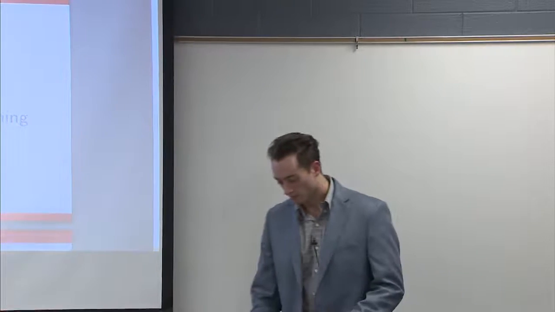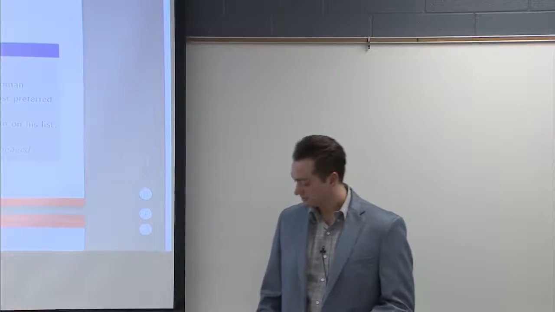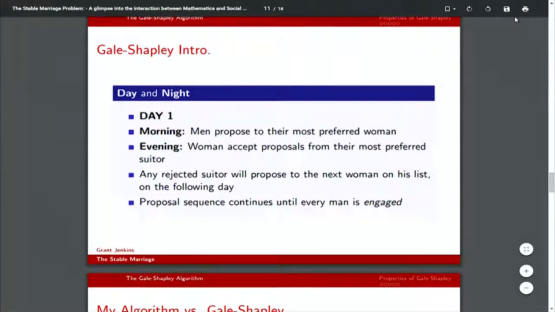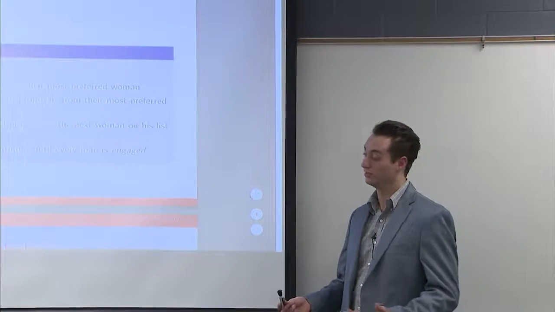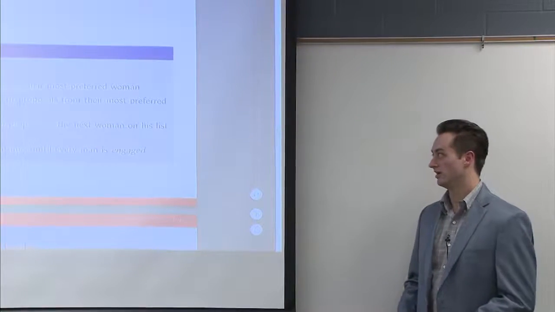So the way this algorithm works is that we go through a proposal sequence, or a round of proposals. Every day is one round, and the way our days work is that in the morning, every single man proposes to his most preferred woman. In the evening, the women will accept proposals from their most preferred suitor.